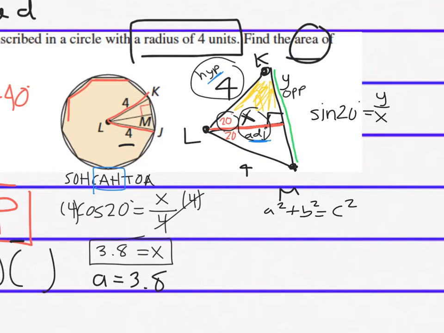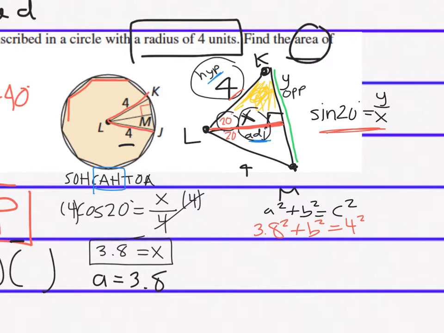We're still focusing just on this yellow top triangle. With the Pythagorean theorem, x, this line in red, we found was 3.8. So I could do 3.8 squared plus b squared equals c squared, and c would be 4. So pick a method.